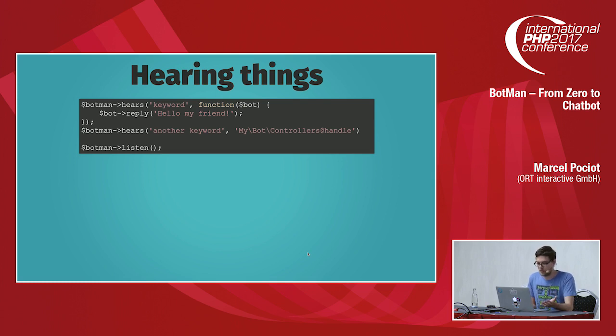So in this specific example, we say when the chatbot hears the word keyword, we will execute the closure function. It will receive the chatbot instance, and then we can just use bot reply and reply a string back. Or if you don't want closures, you can also use a class and then an @ sign and the method. So this would, in this case, create a new controller instance and call the handle method on it.